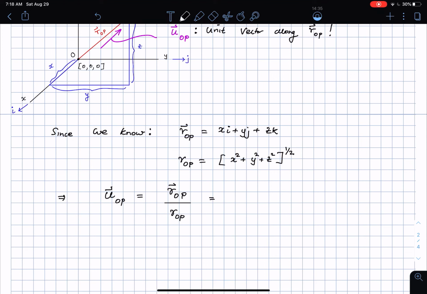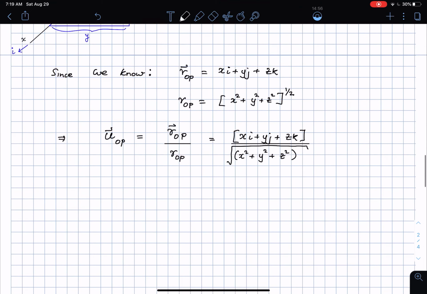This is a foundational principle. So this is xi, yj, zk divided by square root of x square, y square, z square.